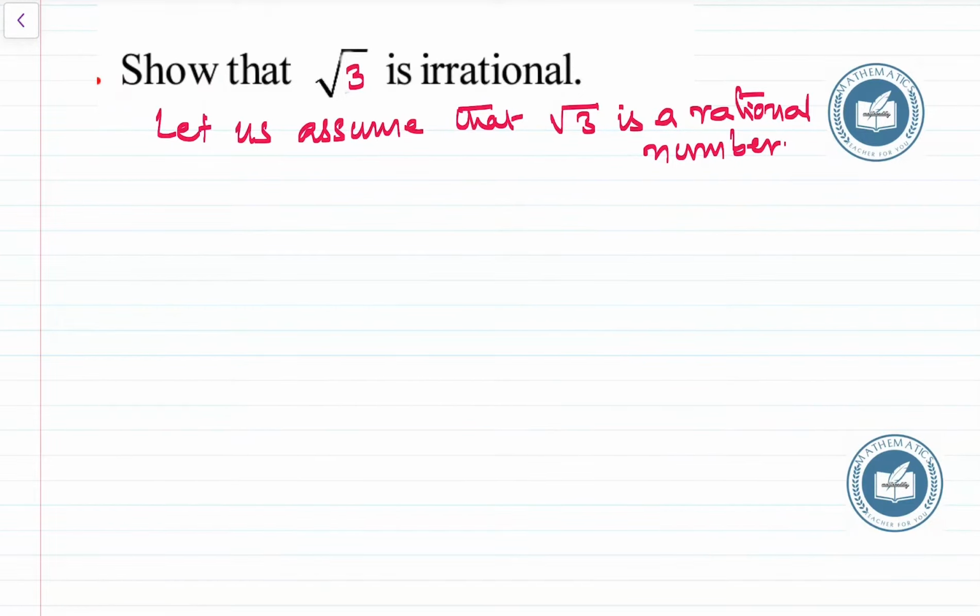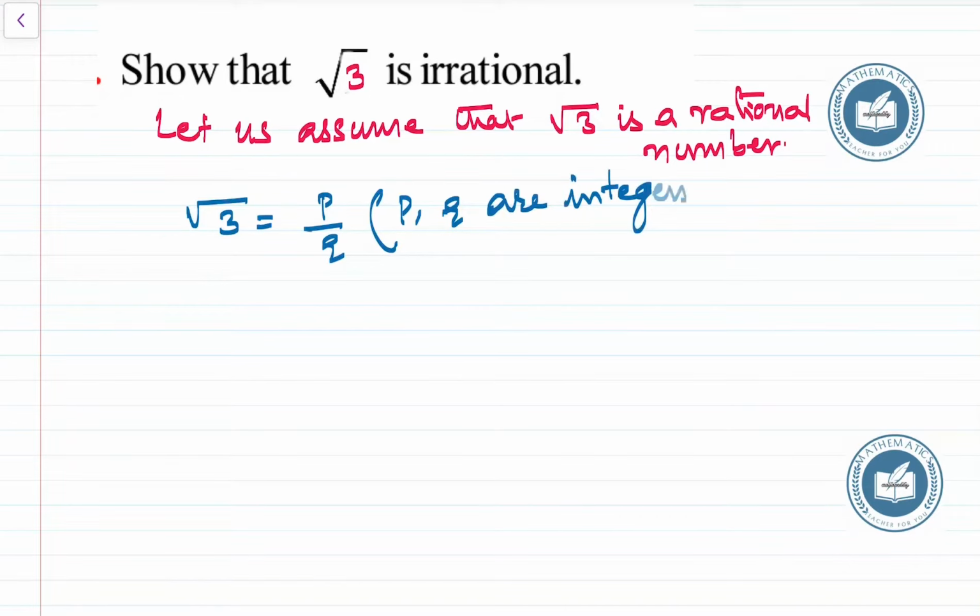So it is a rational number, we can write in the form of p by q. So here we can write root 3 equal to p upon q. Here you know that p and q are integers and q not equal to 0.